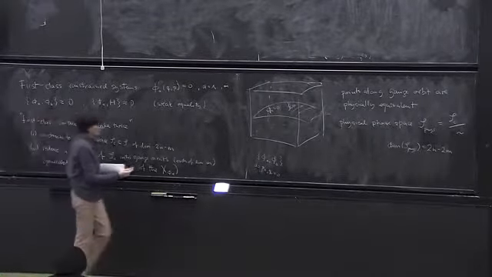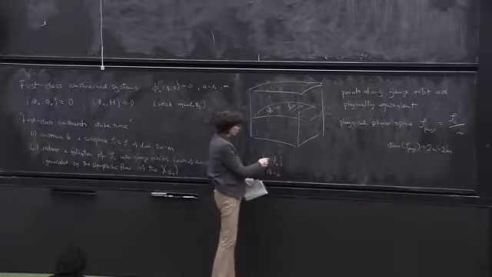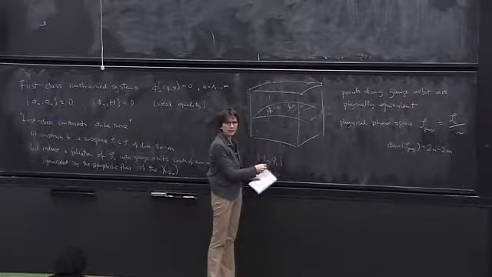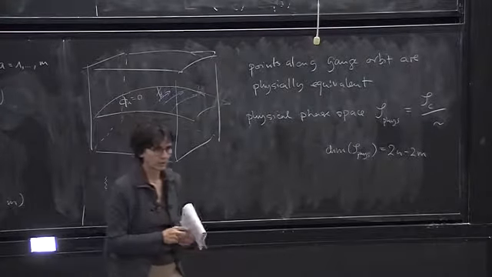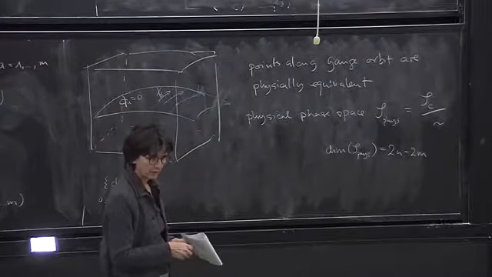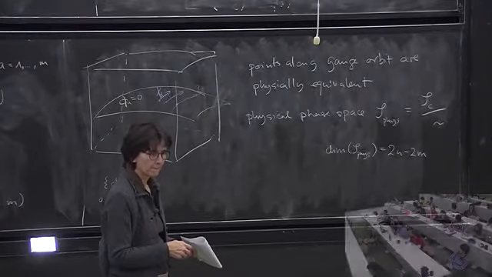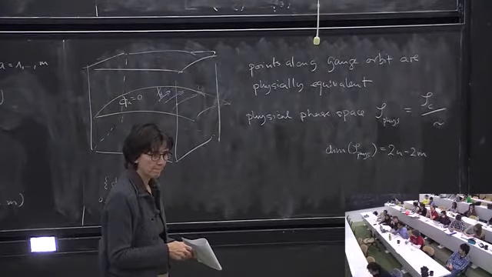And so you can think of removing second-class constraints as removing canonically conjugate pairs.